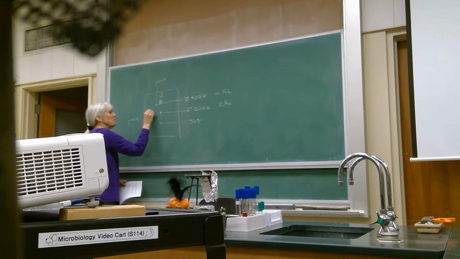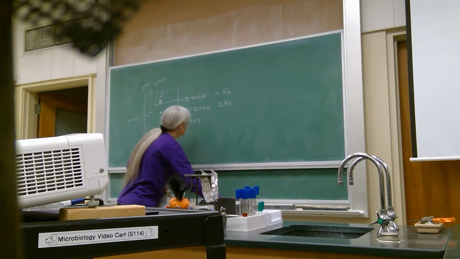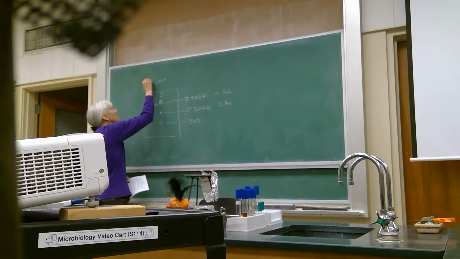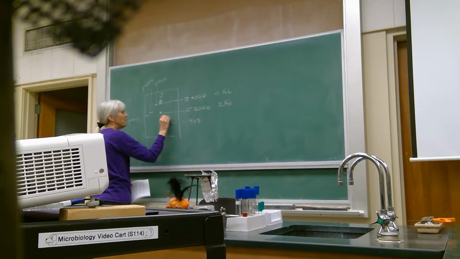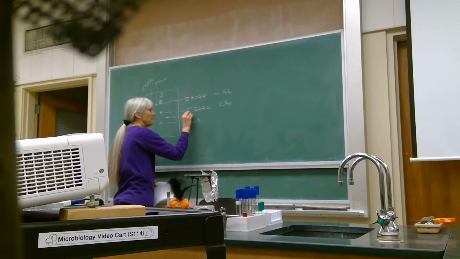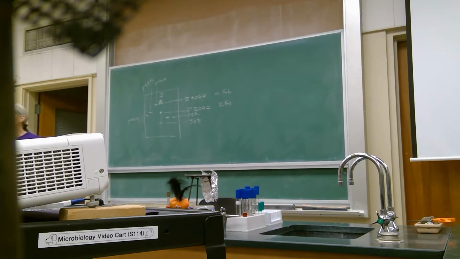And pGM is somewhere in between. And then our PCR product would be right in here someplace. So you need to be able to recognize where those things are in the gel.